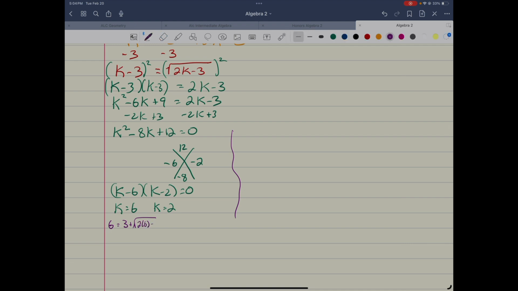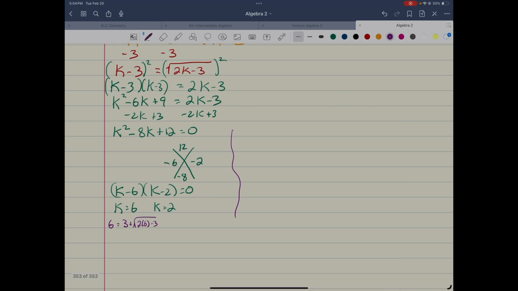So that's 6 is equal to 3 plus the square root of 12 minus 3, which is the square root of 9. So that's 3 plus 3, which is 6. So 6 equals 6, so 6 works.